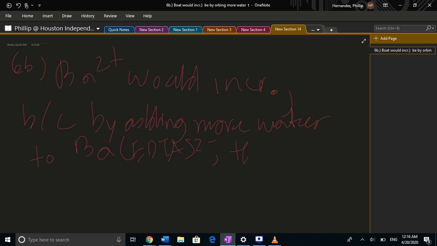the compound is going to dissociate or dissolve more into its respective ions. That's what happens in solubility. When you add more water, it allows the solution to become more soluble, or it allows dissociation to happen more frequently.